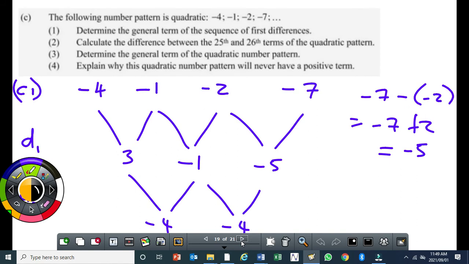Then the next question: calculate the difference between the 25th and the 26th terms of the quadratic pattern. Now, I gave you the homework on purpose because I also wanted you to think.